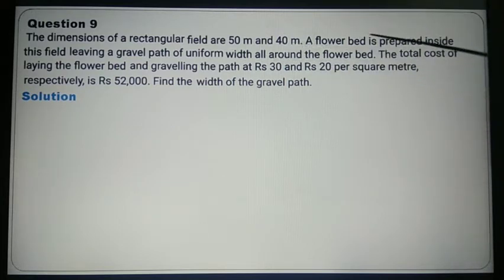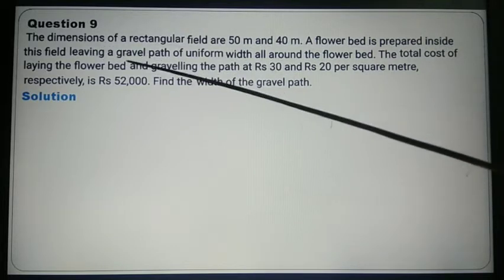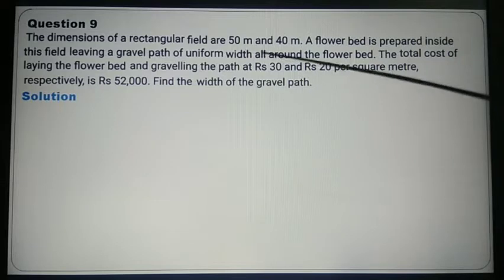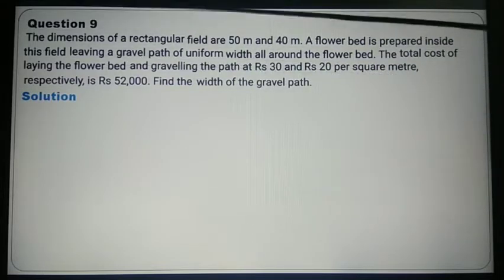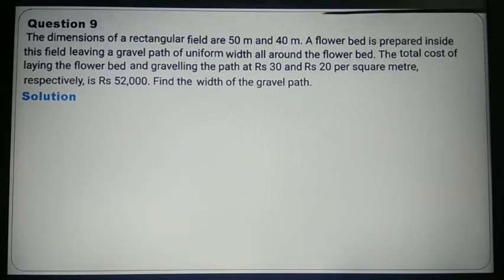A flower bed is prepared inside this field, leaving a gravel path of uniform width all around the flower bed. So within this field there's a rectangular flower bed, leaving some space for a uniform path.